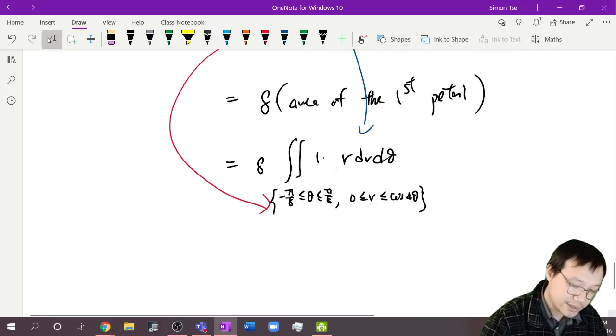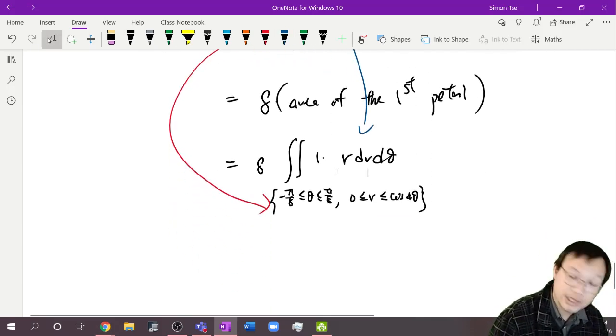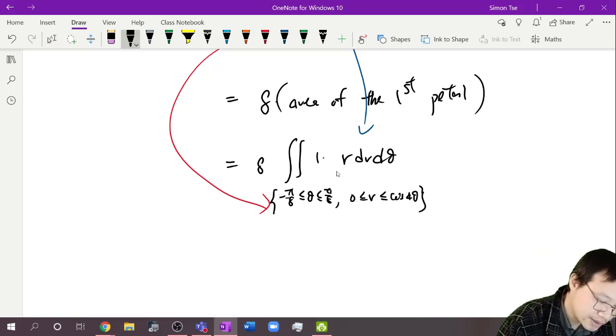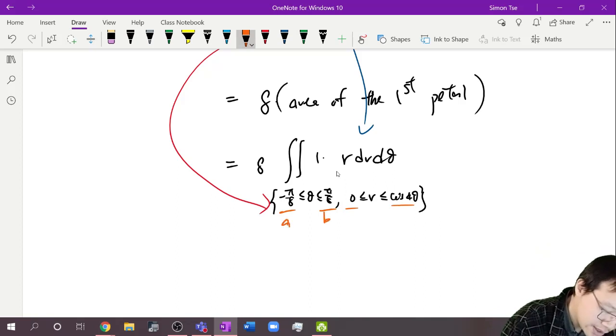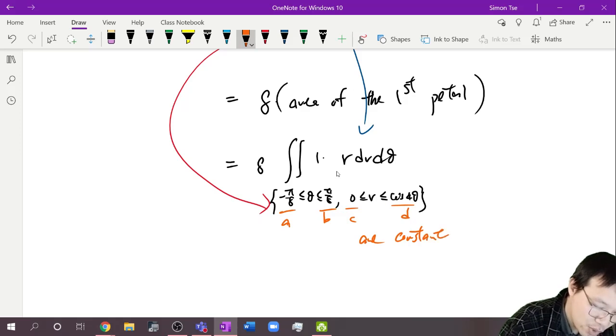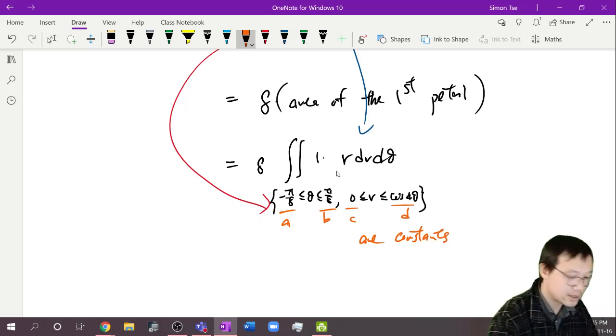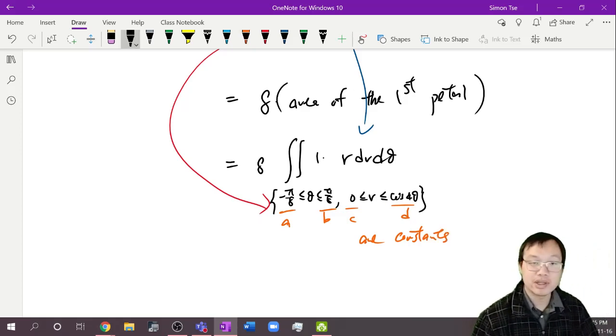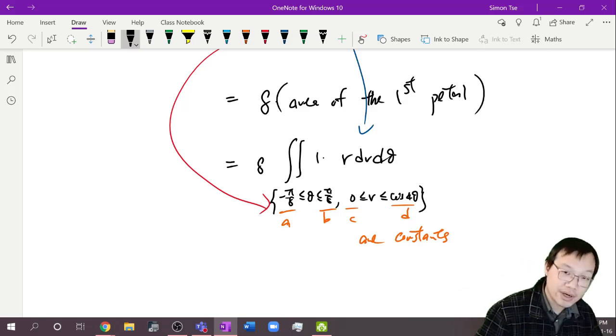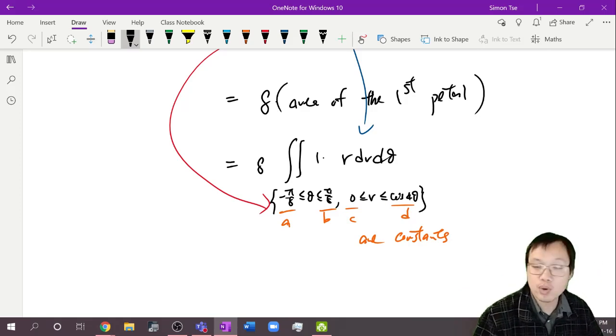So once you have this, it will convert into an iterated integral. Look at this, it's nice. These a, b, c, d's are constants. The limits of integration are constants. So we're back in our honeymoon from the very beginning, where we have Fubini's theorem and we can integrate in whatever order we want.